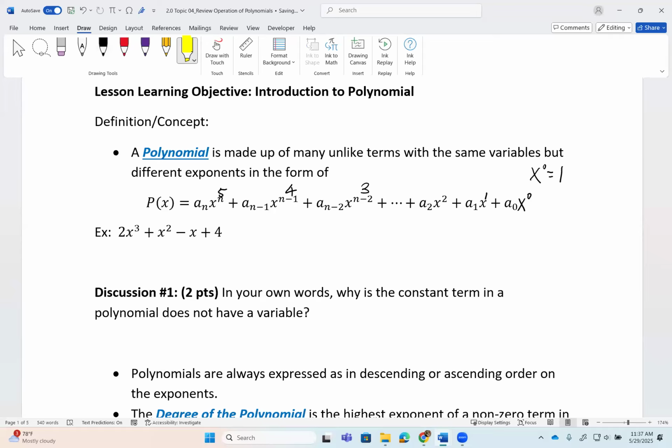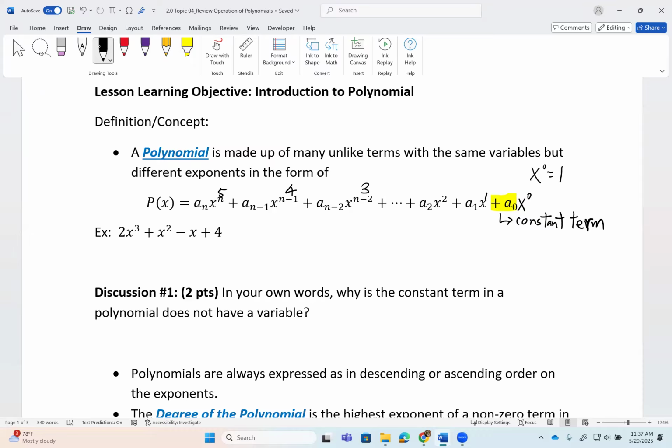So if you have a polynomial function where one term does not have any x on it, that is called a constant term. Generally, the constant term should be the last term of a polynomial. Okay. So the reason why we know for a constant term we do not write a variable is because x to the 0 power is 1.